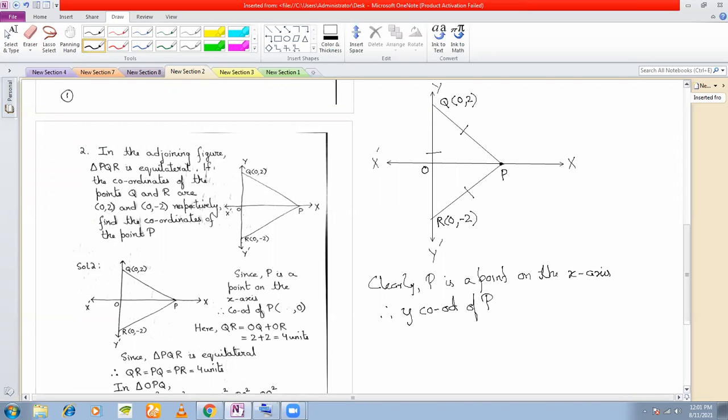Other name for y coordinate? Anyone? The ordinate. It is called the ordinate. Abscissa and ordinate. If you remember, I told you x coordinate is called the abscissa and y coordinate is called the ordinate. Right? Remember this. Yes, sir.